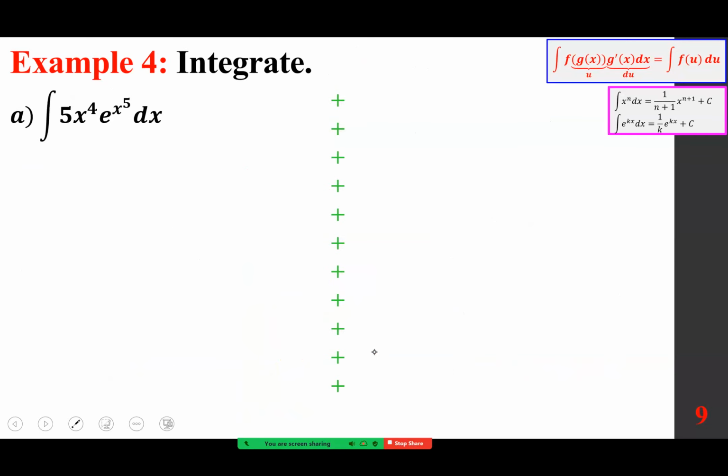What if you have an exponential format involved? Normally, the choice of u is the exponent. In this case, the exponent is x to the power of 5. If I differentiate that, I get 5x to the power of 4. So du is 5x to the power of 4 dx.